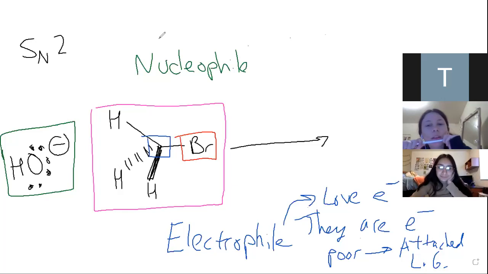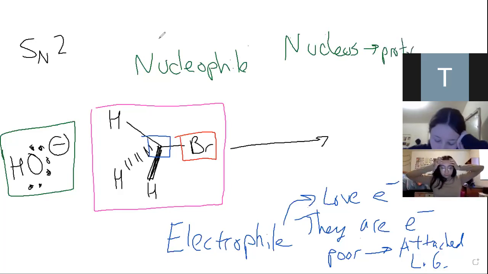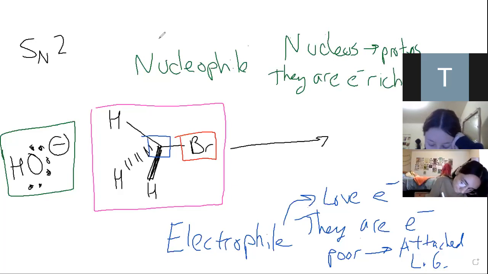Nucleo refers to the nucleus, and what happens to be in the nucleus since we were just talking about electrons? Protons. Protons, yep. Our nucleophile loves protons in the nucleus. It's looking for positive charges. They are electron rich. All right, so nucleophiles are electron rich.